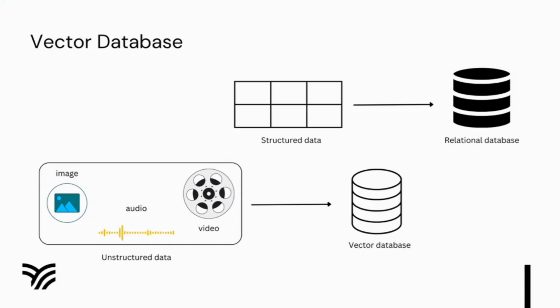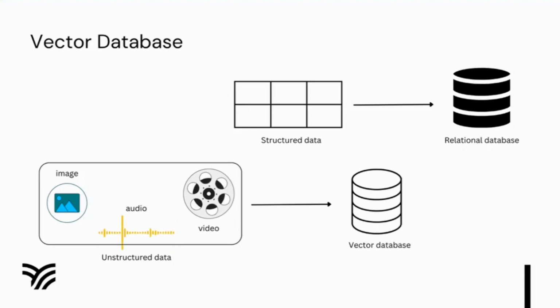If we want to search and query this type of data, then the relational database is not a good choice. So for storing that kind of data, we use vector databases. A vector database is used to store vector data, which stores additional information along with the data.